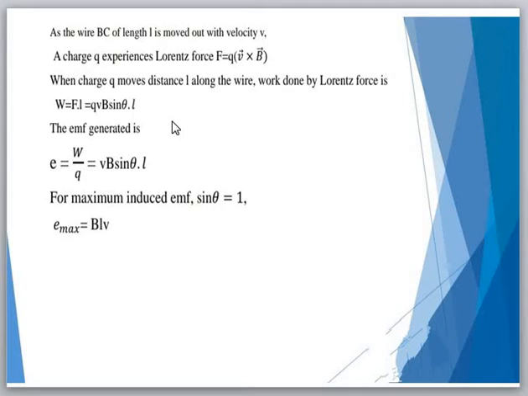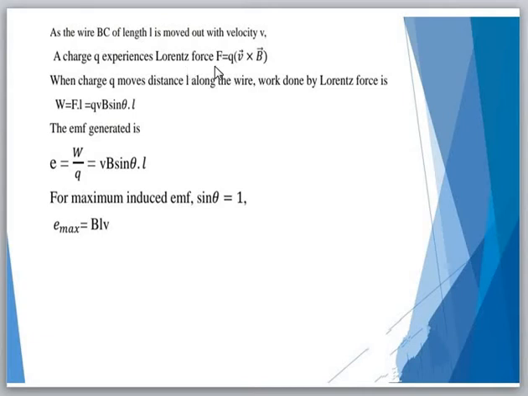The above result can be understood from the magnetic forces on the charges moving in the wire BC. Now a charge Q which is carried by the moving wire BC experiences a Lorentz force F bar equal to Q into V bar cross B bar.